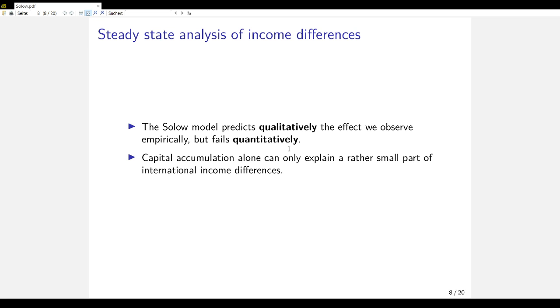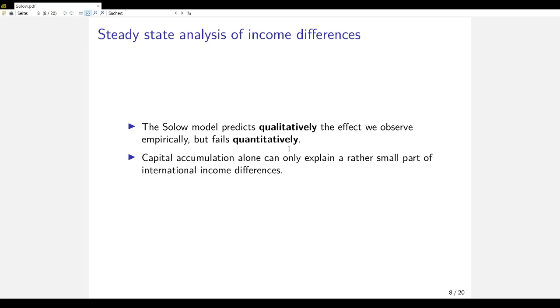And if we remember the modeling cycle that we had in the first video on the purpose of economic models, we know now that we can explain a certain part of reality, but in the modeling cycle, we would have to start again and extend the model to other aspects that could also contribute to the explanation of cross-country income differences.